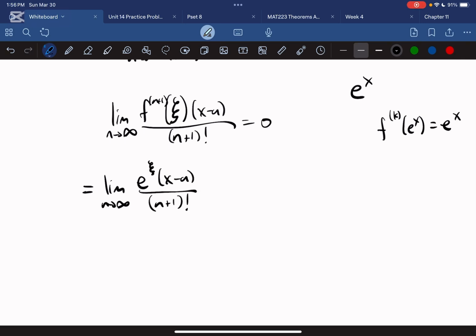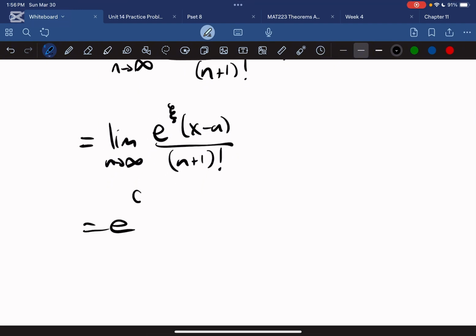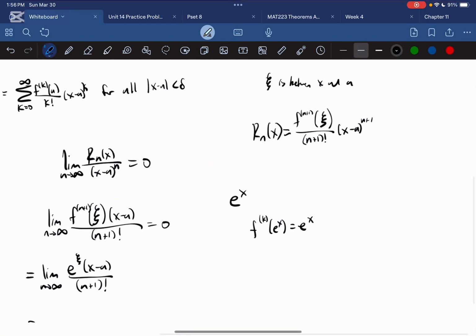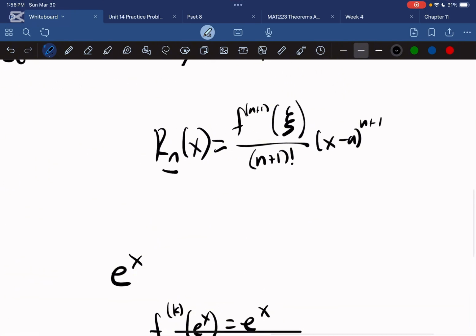All right, and now something that people might think is, let's just take out this e to the xi. But the thing is, xi depends on n. Because it depends on Rn.